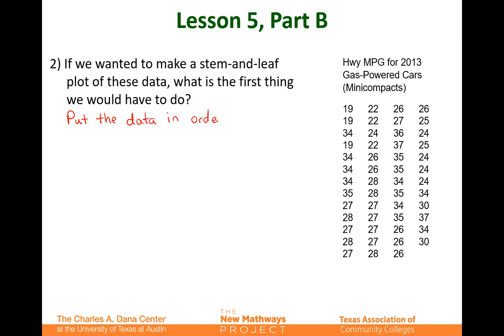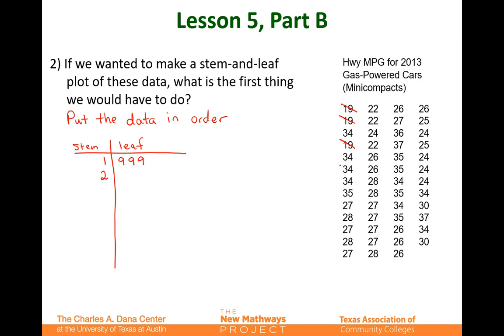I'm not going to make the whole plot, they don't ask us to, but let's just at least think about it. We'd have our stem here, our leaf here. Notice the smallest value we see is 19. I see that 3 times. That's the only value in the teens that I see. Now I have to move on to data in the 20s.